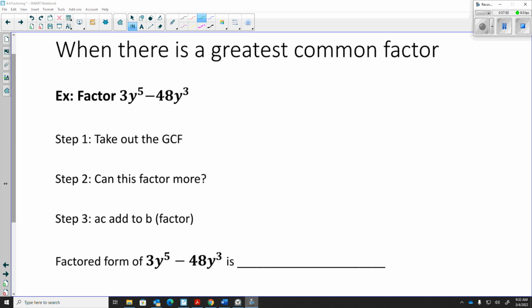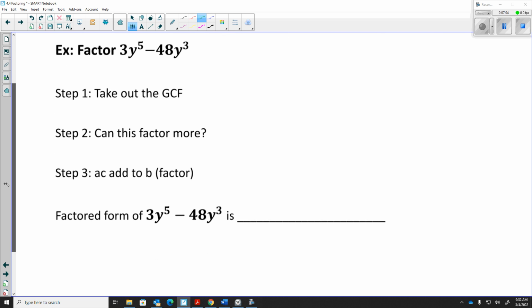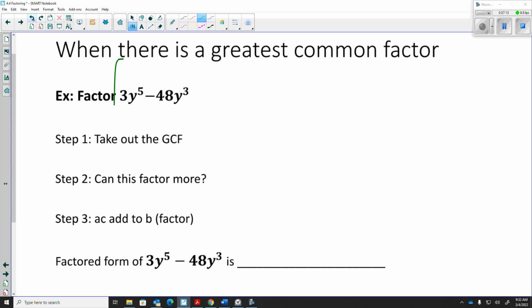Okay, so first, take out a GCF. What GCF can you take out? All right, so 3 goes into both of those numbers. And y, you could take a y cubed out of those. So take out 3y cubed.